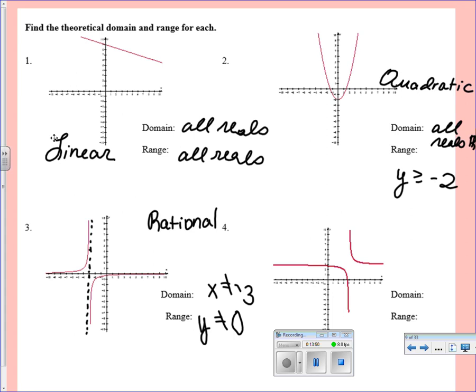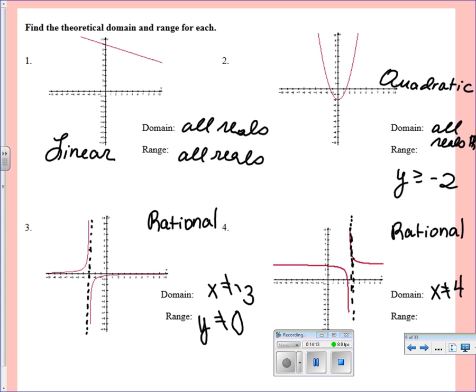What do you think 4 is? Yeah, that's another rational. Rationals are the ones that sometimes give people fits. Okay, domain, there's got to be one bad value, so you have to figure out where the bad value is. Some of you are saying 4. I heard that. That's right. So x can't equal 4.